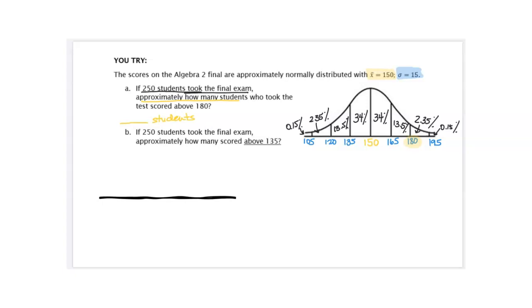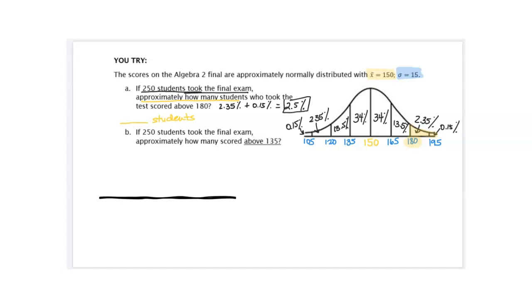Above 180 would be everyone in these two sections, our 2.35% as well as our 0.15%. If we add those together, 2.35% plus 0.15% gives us a total of 2.5%. So 2.5% of our students scored above a 180.